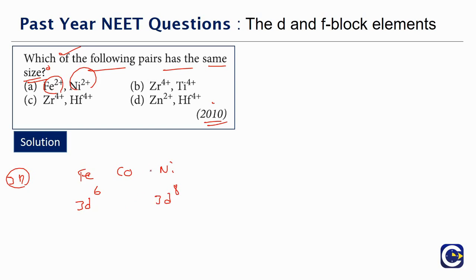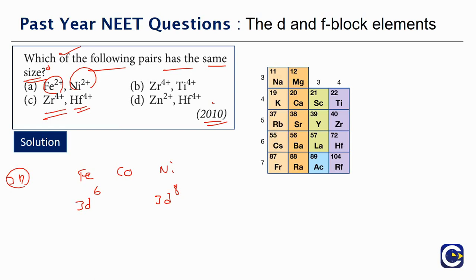Whereas if you look at zirconium and hafnium, it's a very standard question. The effect of lanthanide contraction is clearly understood by the similarity in the sizes of zirconium and hafnium. Zr has atomic number 40 and hafnium has atomic number 72. Zirconium comes in the 5th period and hafnium in the 6th period, in the same group.